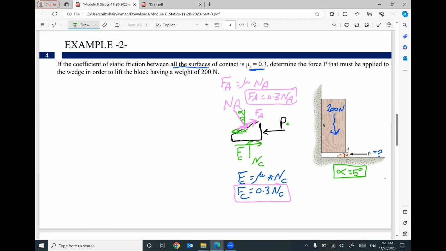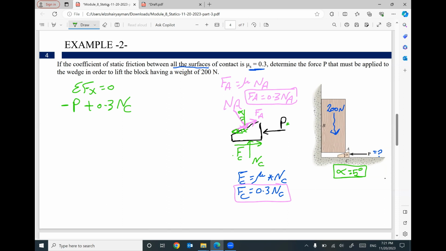So if you apply summation Fx equals 0 for this wedge, I have in the x direction negative P. I have in the x direction FC, which is positive 0.3 capital NC. Keep in your mind, FC equal 0.3 NC.